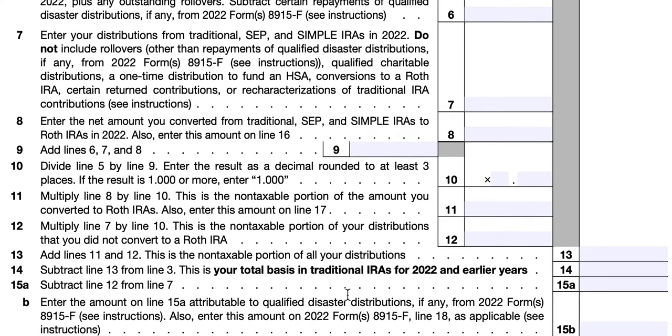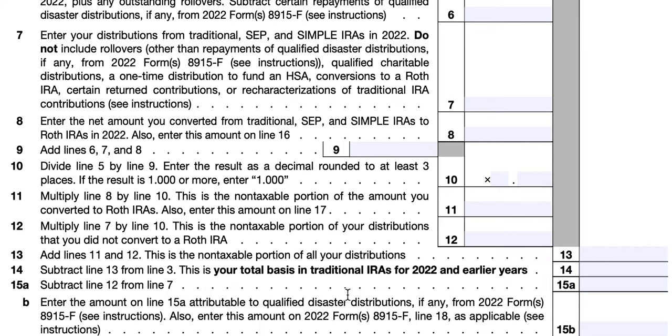For line 12, you'll multiply line 7 by line 10, and this is the non-taxable part of your distributions that you did not convert to a Roth IRA. So if you had distributions that were not necessarily Roth conversions, then this will be a separate line item for the distribution that you did not pay tax on.